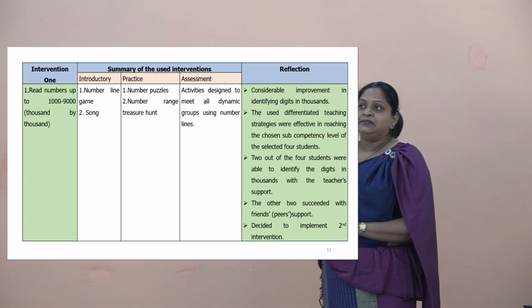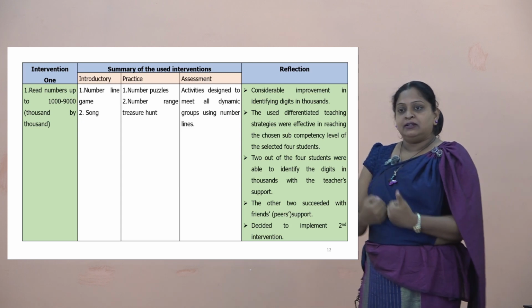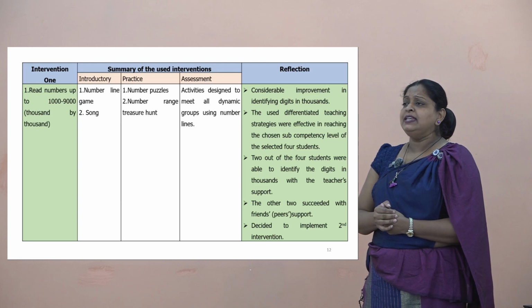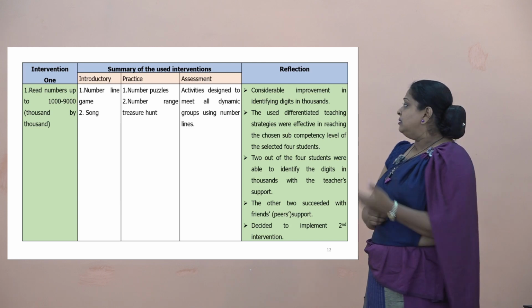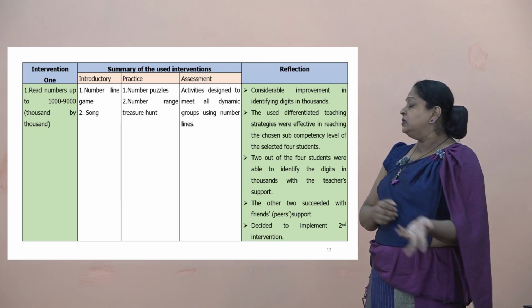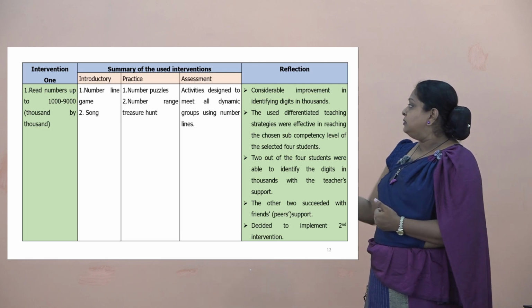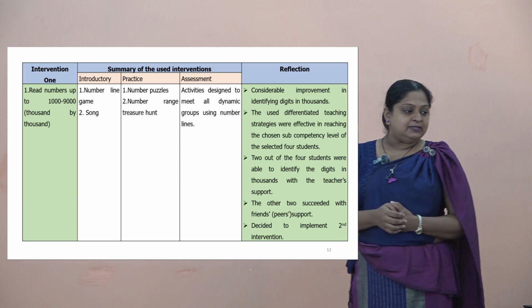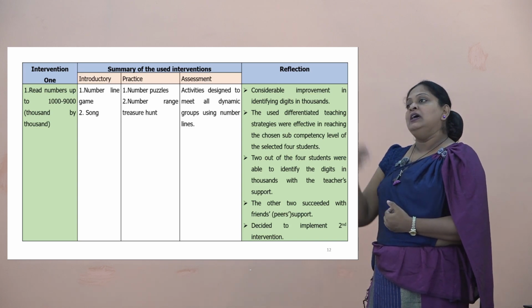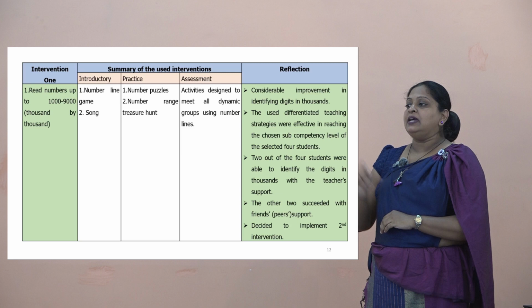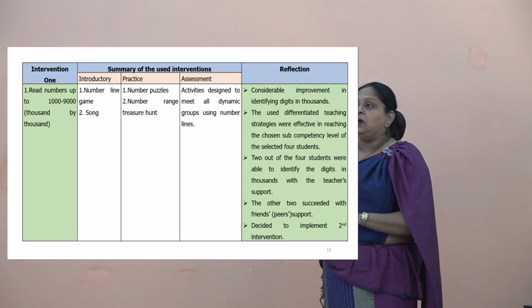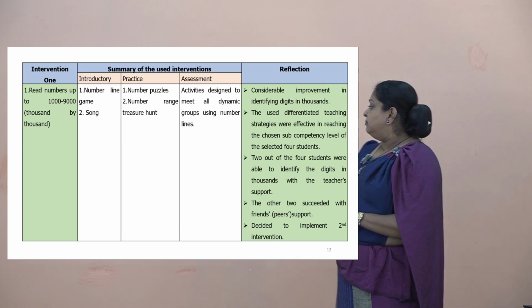As the second activity, I made them wear a garland including flashcards, and they were singing, I am 1000, who are you? Likewise it continues up to 9000. And then under the practice approach, I used number puzzles and a number range treasure hunt, which was an outdoor activity. I placed several different numbers at the play area. Once they found a number, they read out the number aloud.